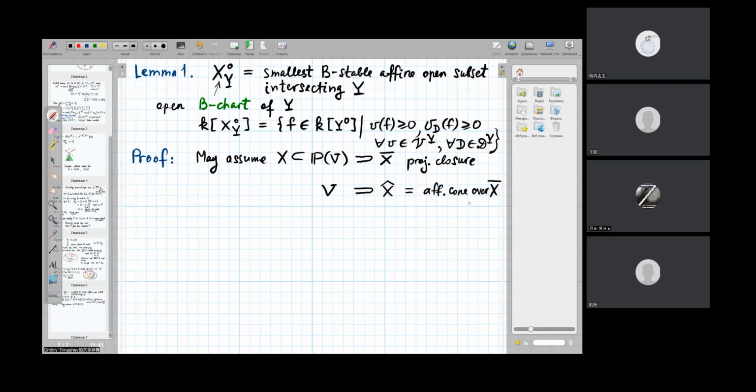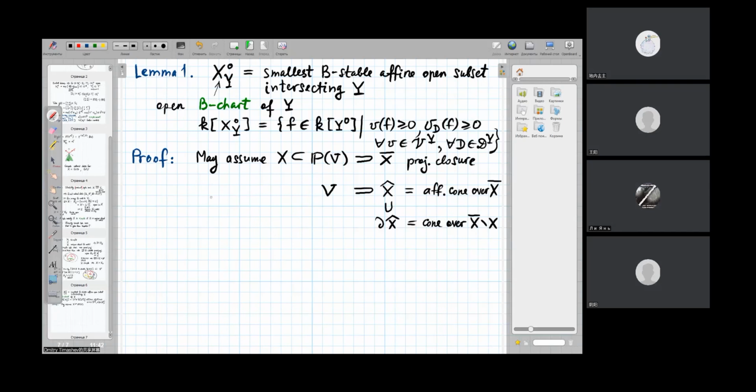And in this affine cone X hat, there sits a smaller affine cone. Let me denote it as D X hat. D stands for the boundary cone. It is the cone over the boundary of X in X bar, over X bar minus X.